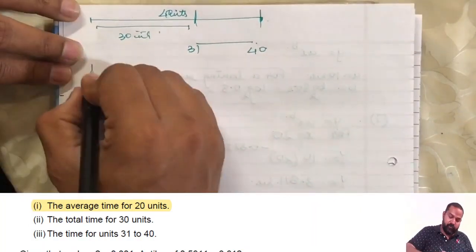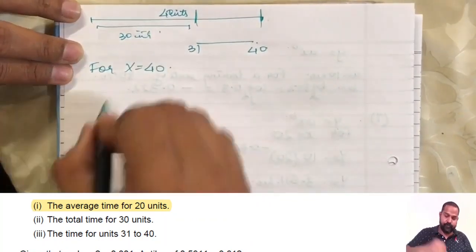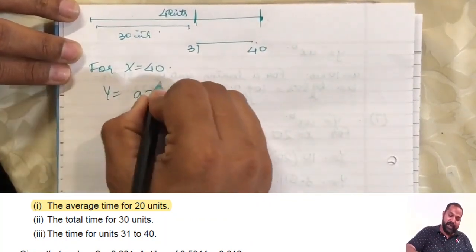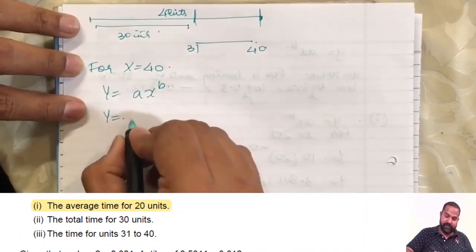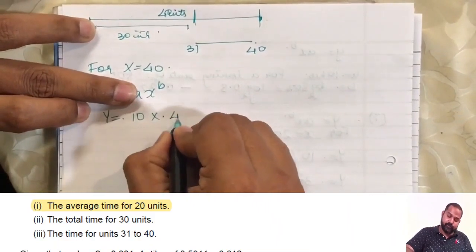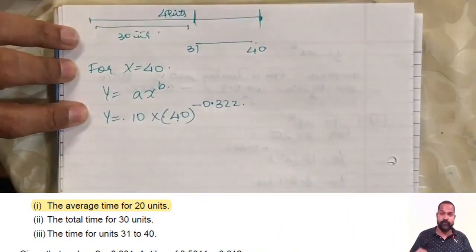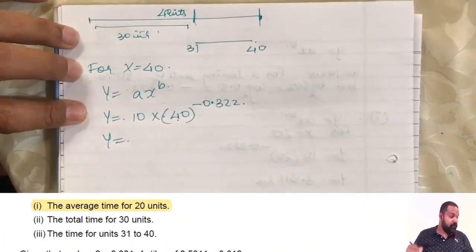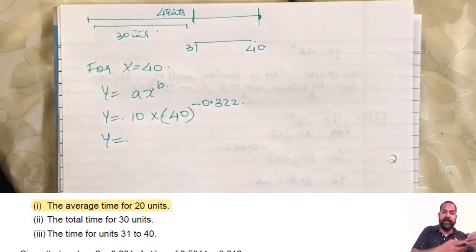So I am going to say for x equals 40, y is equal to ax raised to b. So the average time for 40 units is, x, what is x? 40 raised to b, which is minus 0.322. Y is 40 raised to a negative 0.322.